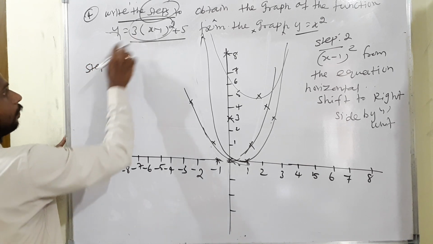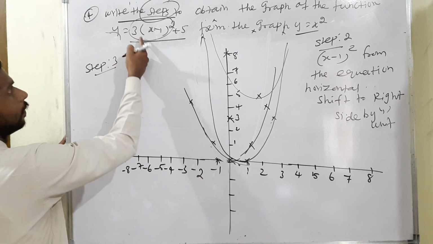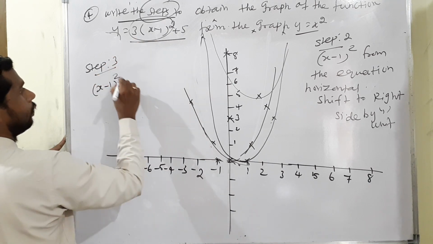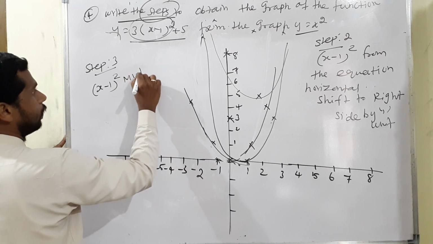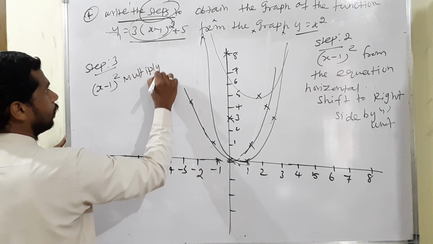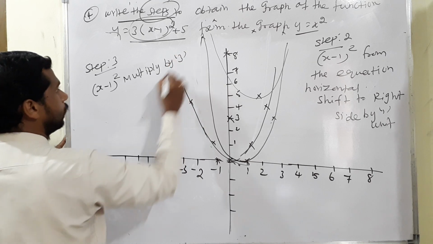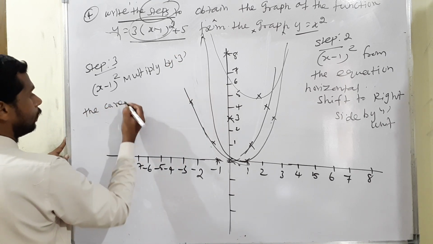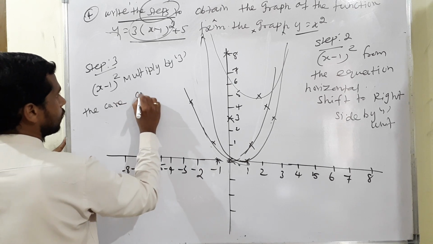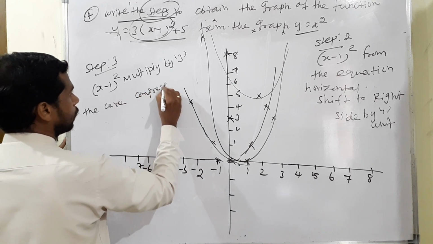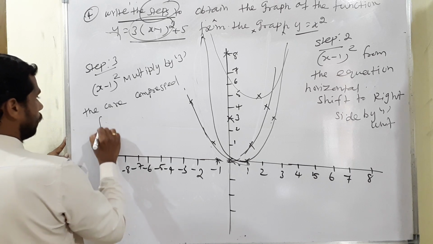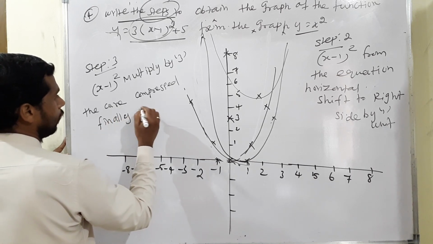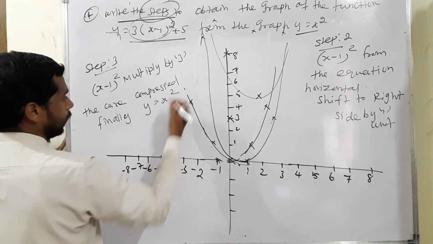One more condition for step number 3 actually: x minus 1 the whole square multiplied by 3, the curve is compressed, finally y is equal to x square.